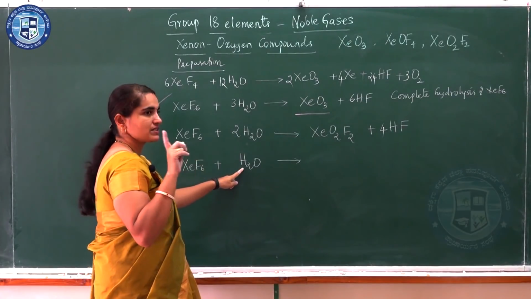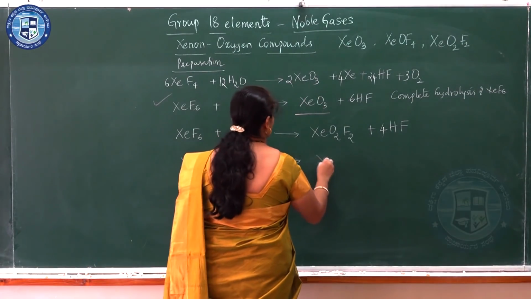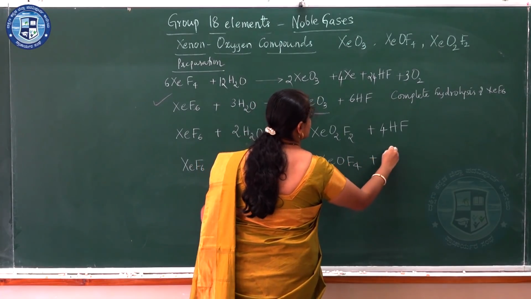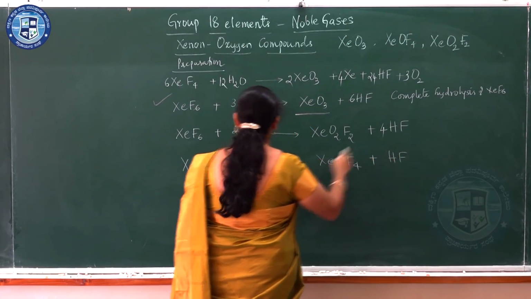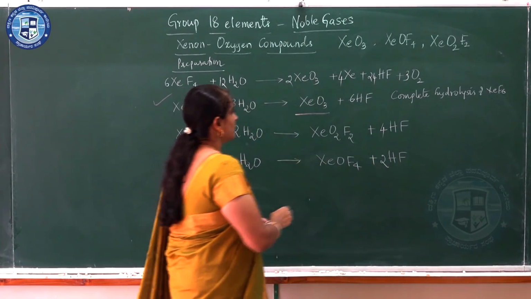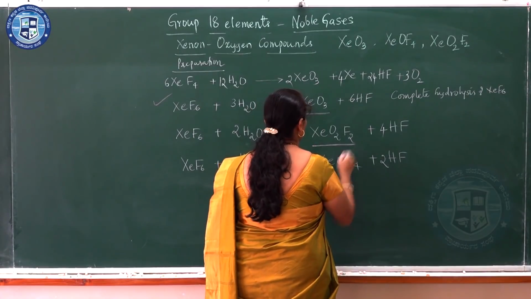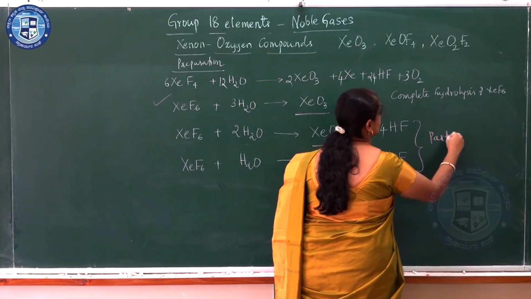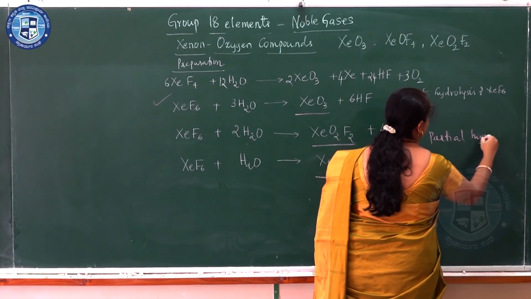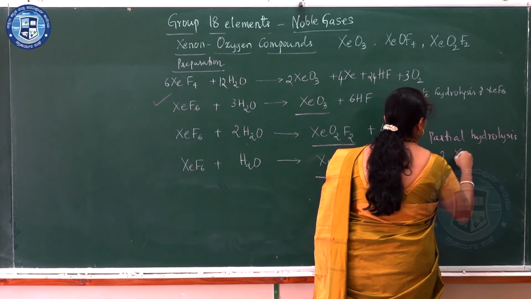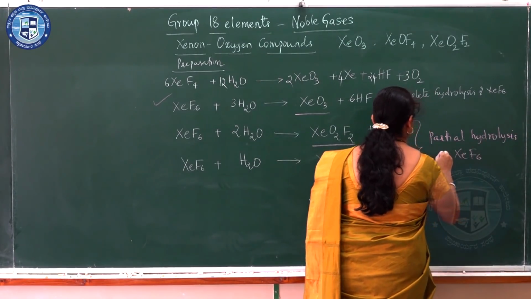Instead, if you take only one, the other compound comes: XeOF4 plus HF. How many HF? 2 HF. So, these two products are obtained by the partial hydrolysis of XeF6.